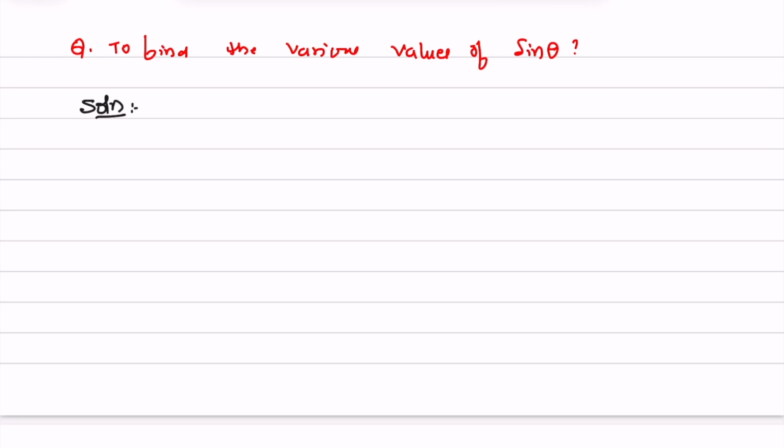First, as far as sine theta is concerned, let us draw a right angle triangle. Let this angle be theta and this angle be 90 degrees. What is the total angle in a triangle?